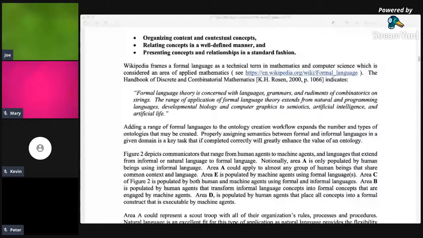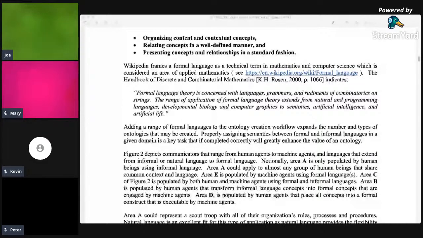So if we mix formal language and formal ontologies with informal language and informal ontologies, it starts to create areas within the informal language that have a higher fidelity communication between the human communicators, and also then become applicable to machine communication and machine language.